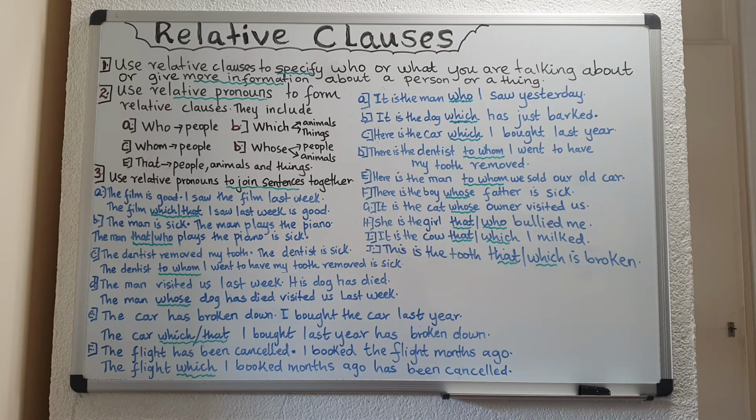So it is not that one, but this one. There is the dentist, okay, to whom I went to have my tooth removed. Now, whom is a very special relative pronoun because we always combine it with a preposition, okay? We always combine whom with a preposition.